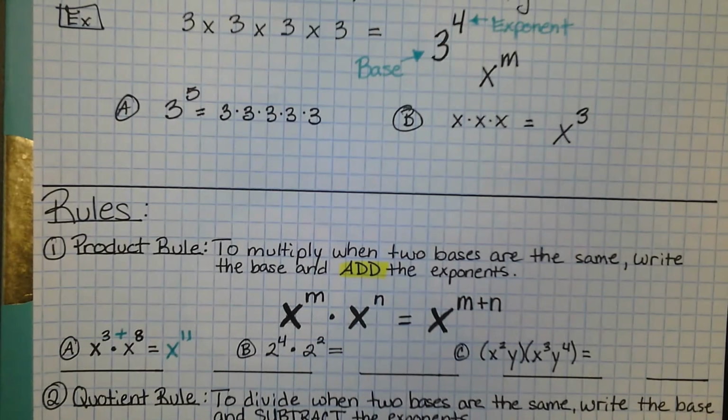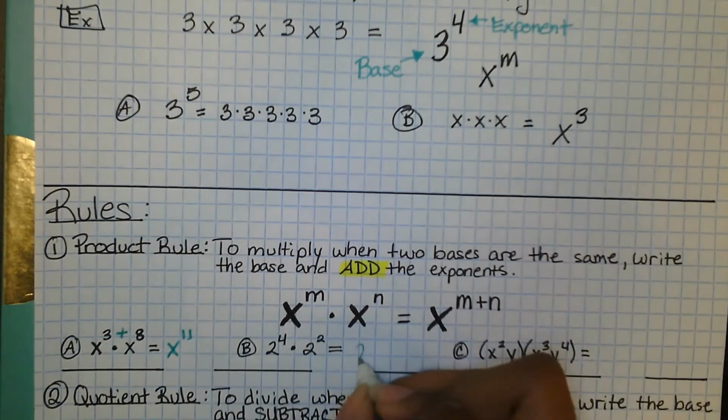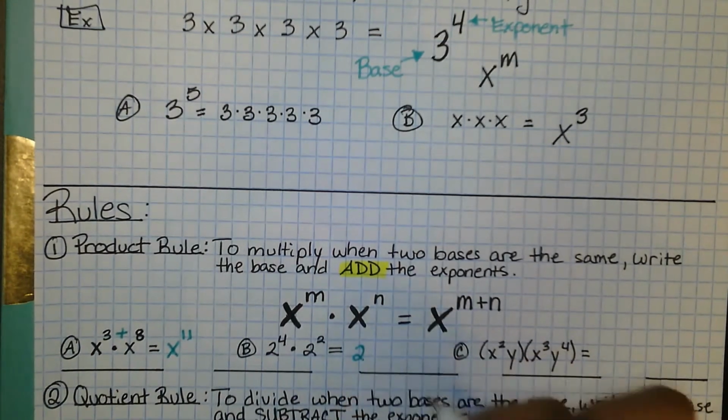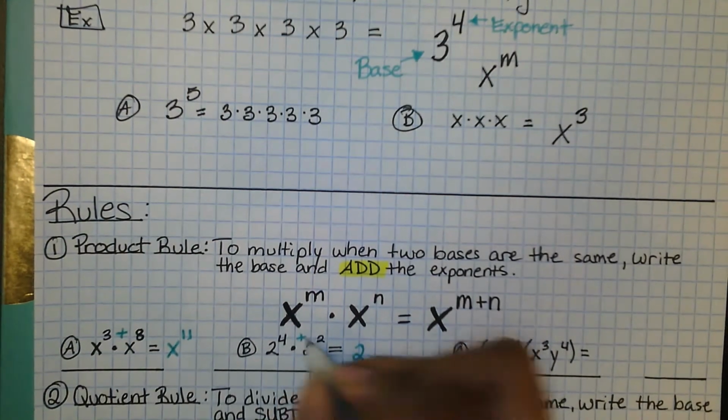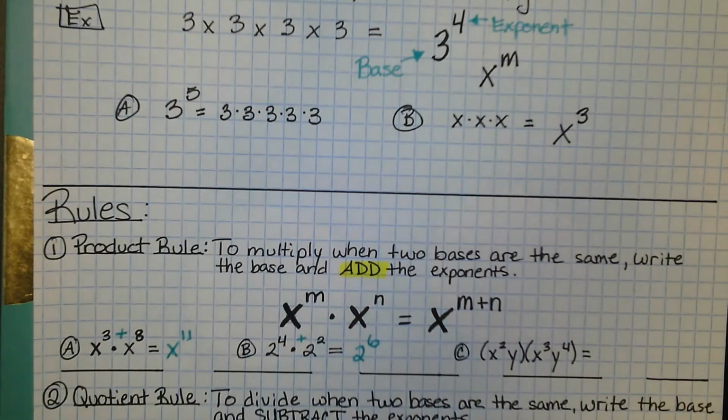That's multiplying terms with the same base, we just add the exponents. Same here in this example. They both have a base of 2, so I'm going to keep the base and add their exponents. 4 plus 2 gives us 6.